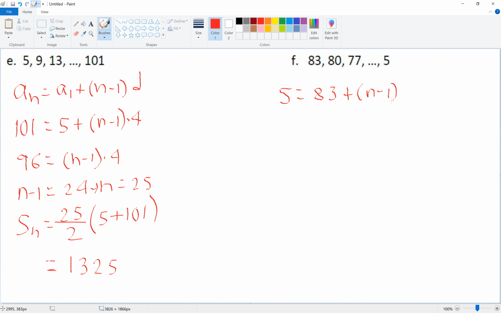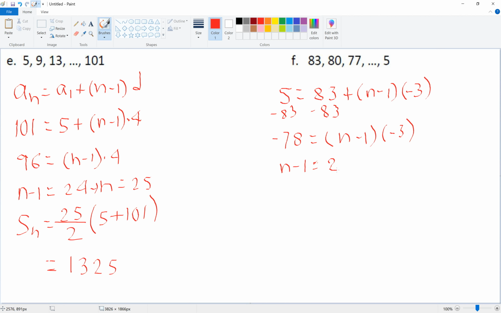So I did 5 equals 83 plus, in parentheses, n minus 1, and then times negative 3, which is the difference. I subtracted 83 from both sides to simplify the equation, and I got negative 78 equals negative 3n plus 3. Then I subtracted the 3 from both sides, and I got negative 81 equals negative 3n. Then I divided both sides by negative 3, and I got n equals 27.